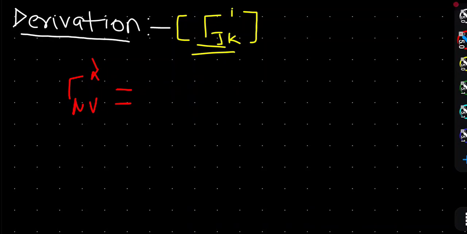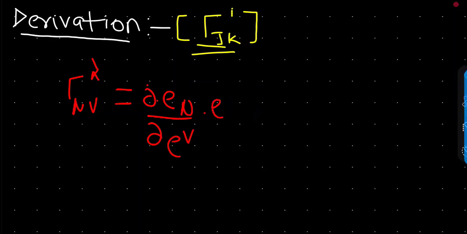Gamma, with the upper index lambda and the lower indices mu nu, is equivalent to saying the partial derivative of the basis vector e mu with respect to e nu, dotted with e lambda. Here lambda is the upper index. This is the definition of the Christoffel symbol gamma lambda mu nu.